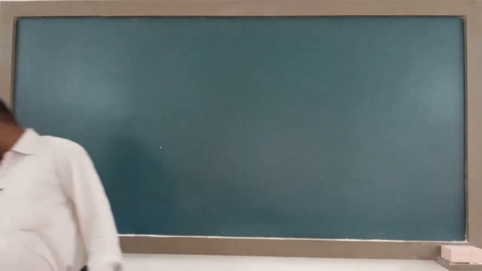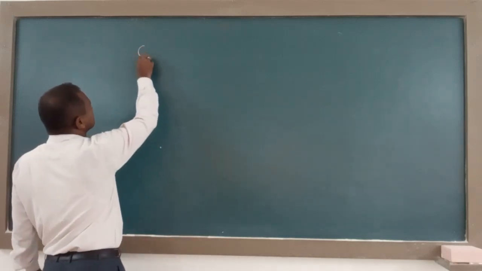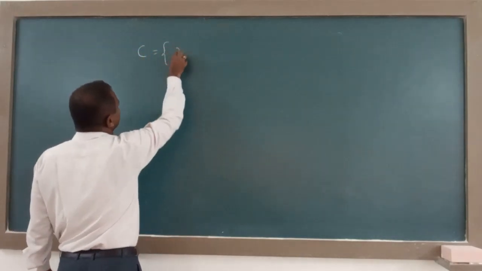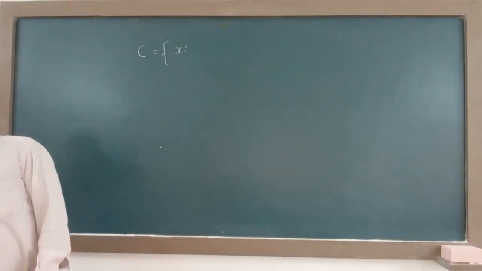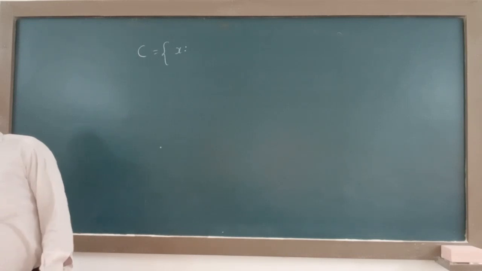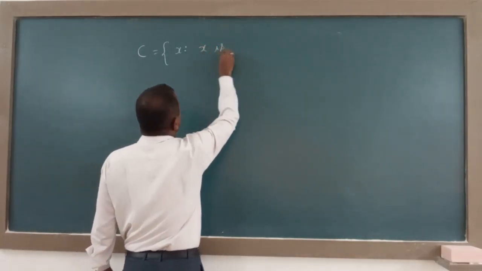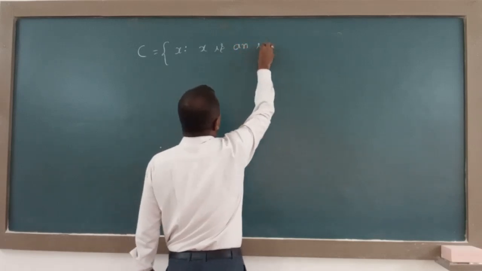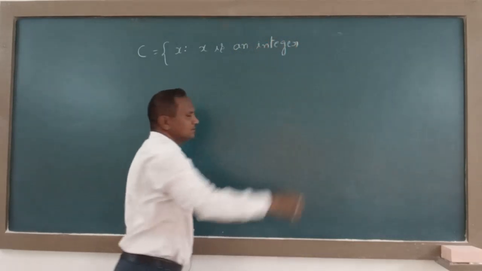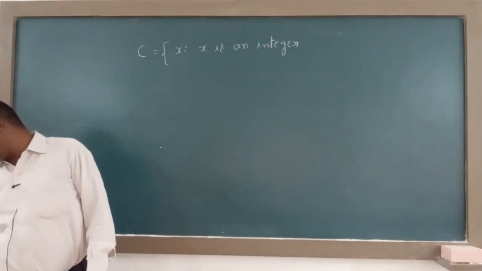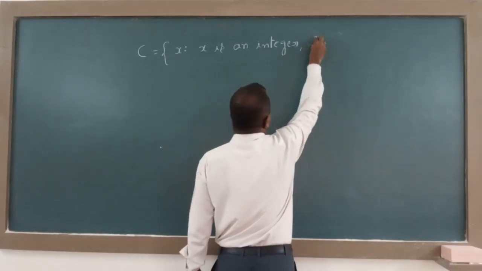Next, the third question: C is equal to the set of x such that x is an integer, and x square is less than or equal to 4.